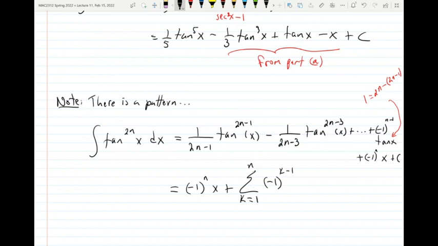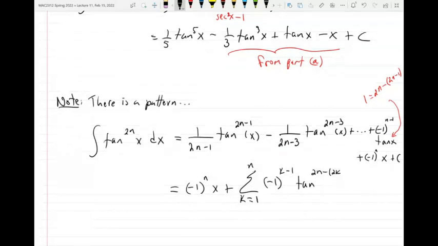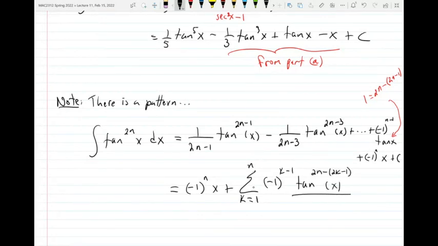So -1 to the k minus 1, and then this is going to be tangent to the 2n minus 2k minus 1 of x.